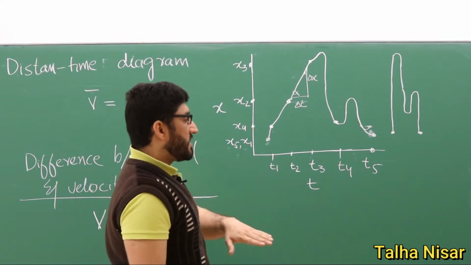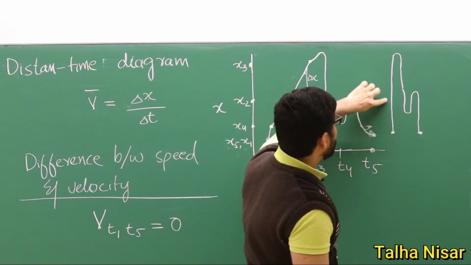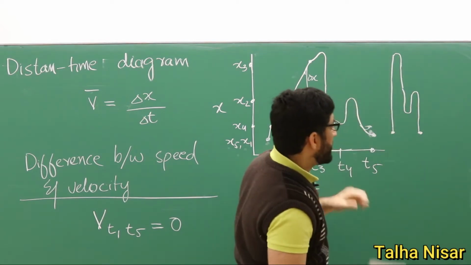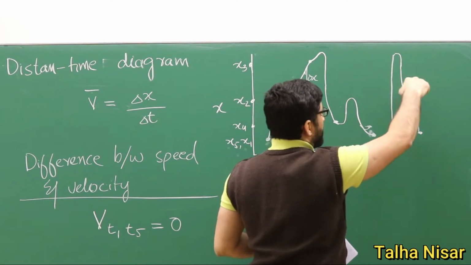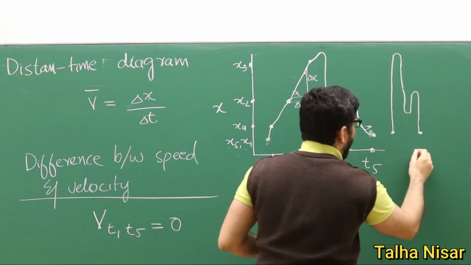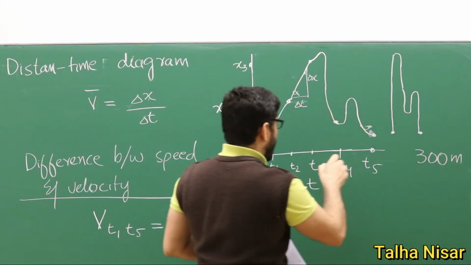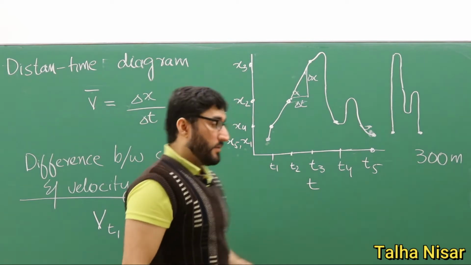The distance is not 0. The distance is the length from here, plus this length, plus this length, plus this length. For example, the total length covered is 300 meters, and it covers this length in 3 seconds, for example.